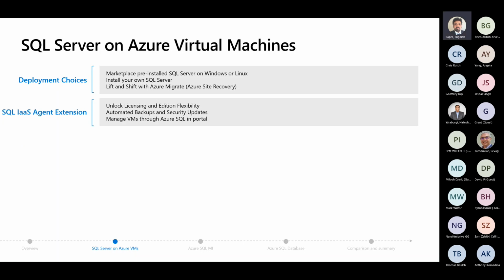The other thing that I really want to highlight here is the SQL Server IaaS Agent extension. You do get the benefit of availing this extension for licensing flexibility and to enable automatic backups and updates. So rather than going and configuring the SQL agent jobs, there is this extension available within Azure. You register your instance with the agent extension, and a lot of those job automation features you can avail.